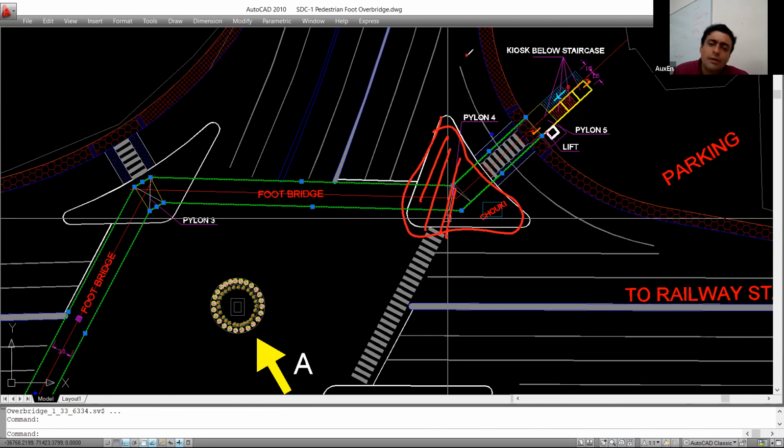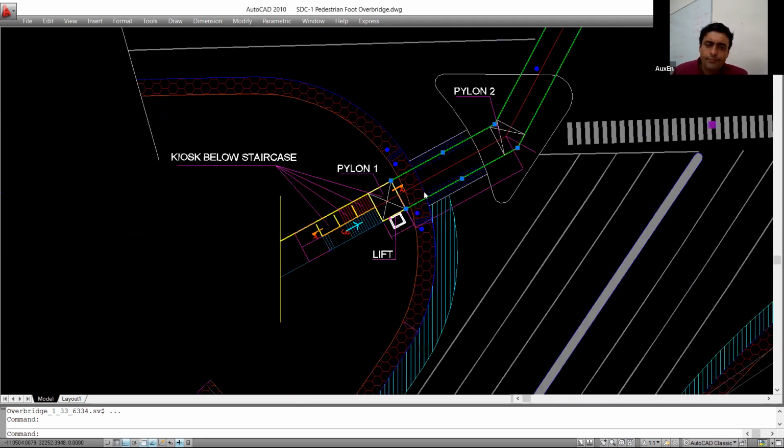If some traffic is coming from this side and wants to take a left turn, then to control that left turning, this island was given, and on this island, another pylon was taken. Clear? And of course, pylons were taken over here, where out of your intersection in this region, one pylon was taken, and similarly, a pylon was taken in this region also. All right.